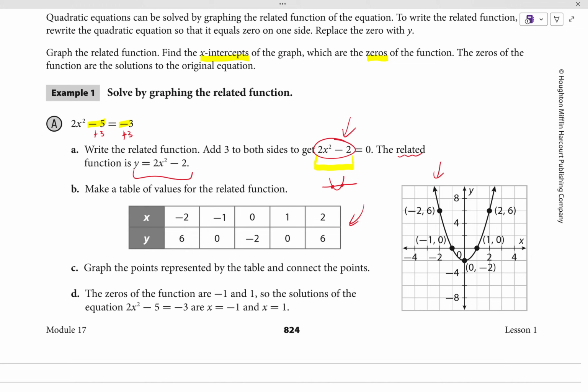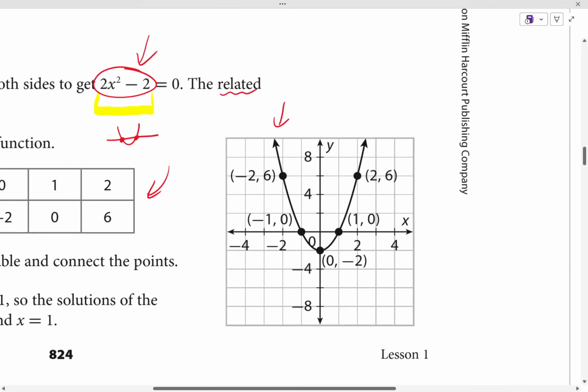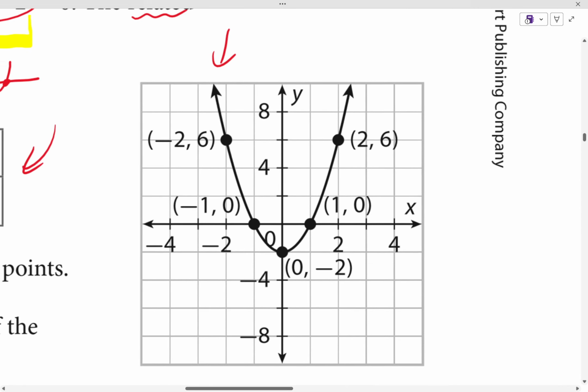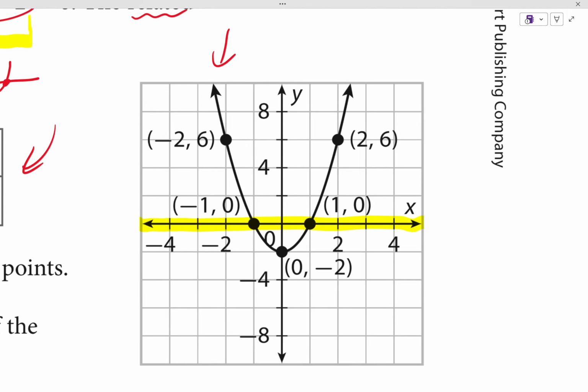Now the zeros of the function are the x-intercepts on my graph. So let me pull up the graph, zoom in a little bit. Remember this is your x-axis. Your x-intercepts are the points where it's cutting through your x-axis. So here's a point that my curve cuts through my x-axis. It's intercepting the axis.